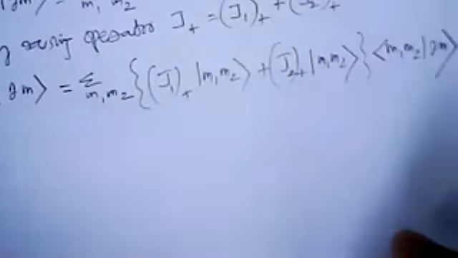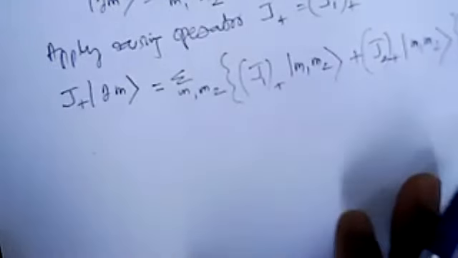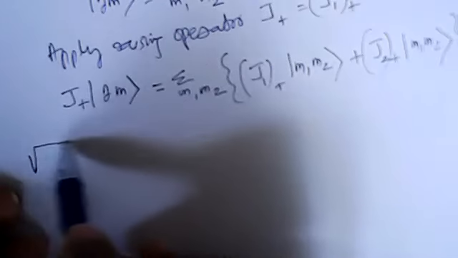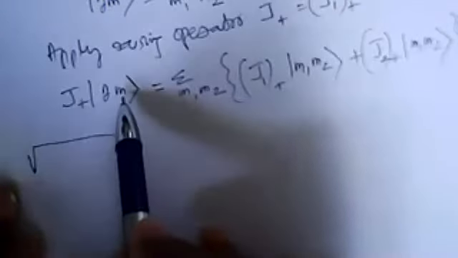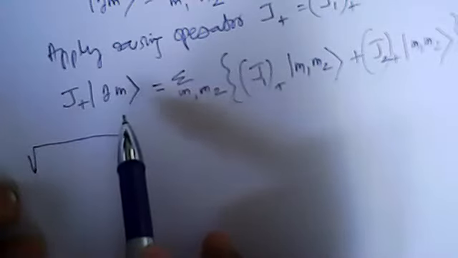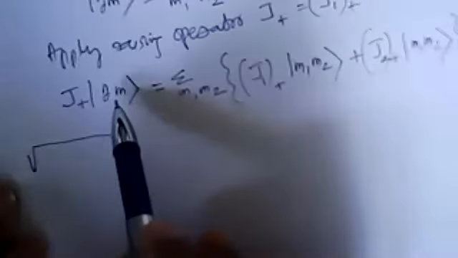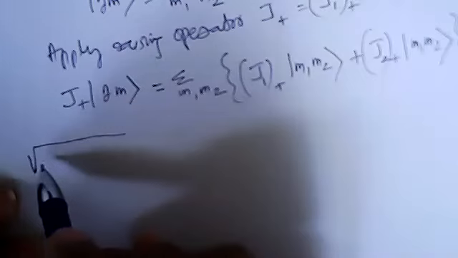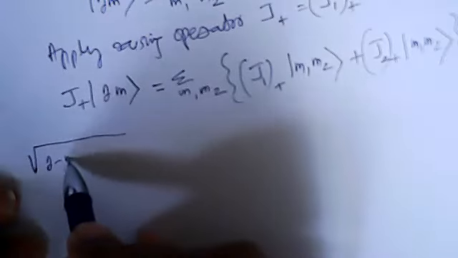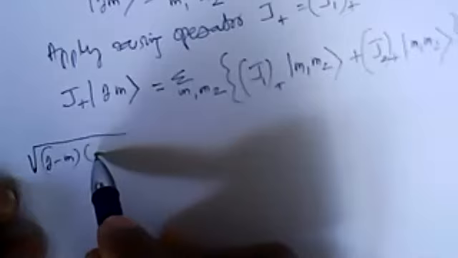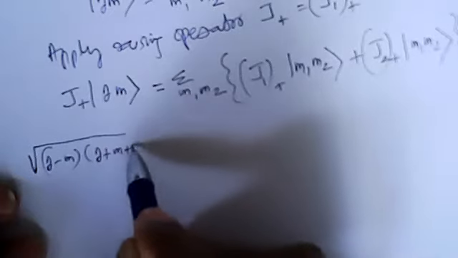Now we know the result of J plus acting on ket |J, M>. So what is the coefficient? Square root of, as a result what happens? J plus raises M to M plus 1. That is the action of J plus. It raises the M value by 1. So the coefficient is the square root of (J minus M) times (J plus M plus 1).